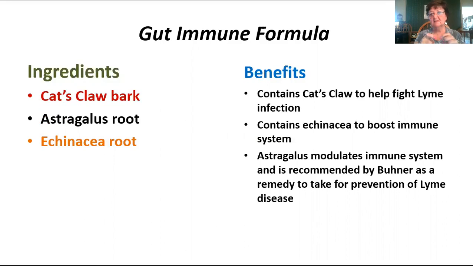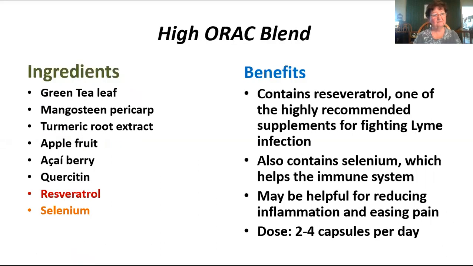It has that signature of pulling out. Astragalus complements the echinacea in this product because astragalus is a very modulating herb. So it is highly recommended for this by many of those who work with Lyme disease.